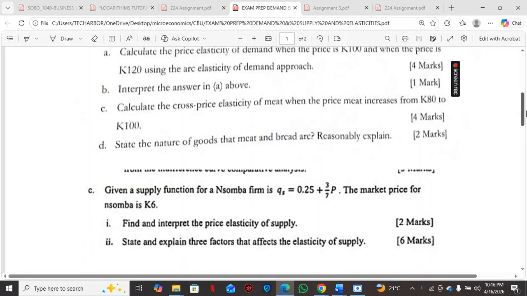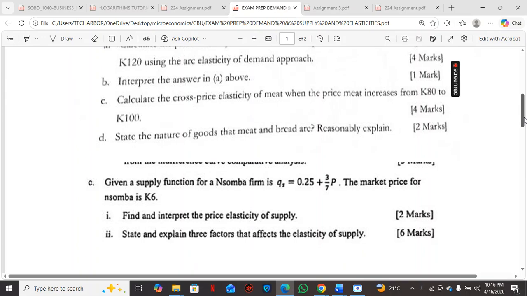So price elasticity of supply is how quantity supplied responds to changes in price. Remember, we said that there's a positive relationship between the price and the quantity supplied, because when sellers and producers see the price of the good they are selling go up, they can sell the good for more.